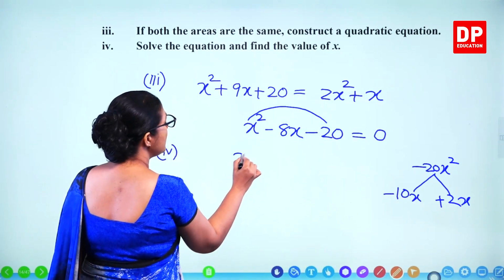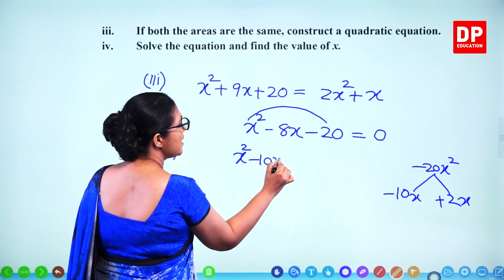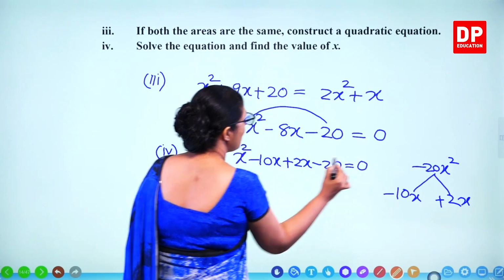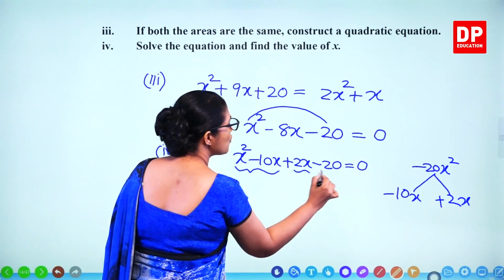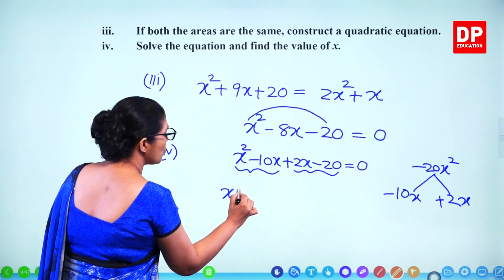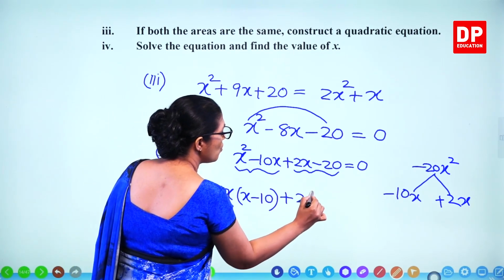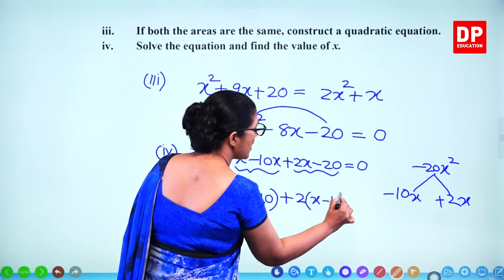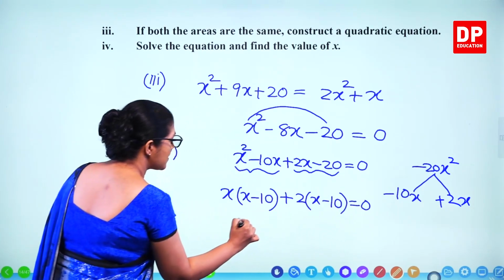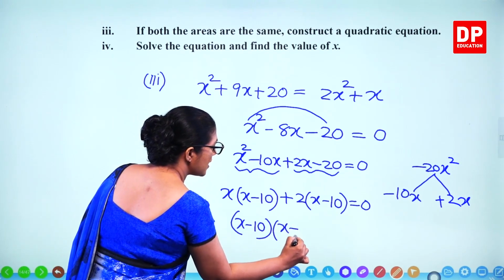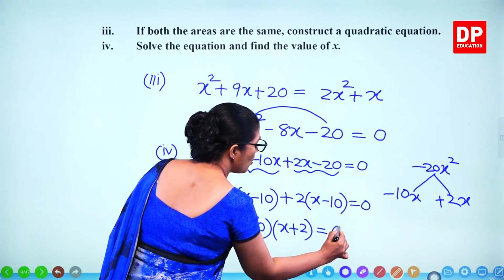So we can split the middle term into minus 10x and plus 2x. Take the first two separately and the last two separately. x, you can take it out, you get x minus 10. 2, you can take it out, then x minus 10. x minus 10 is common, take it out. The remaining part is x plus 2.